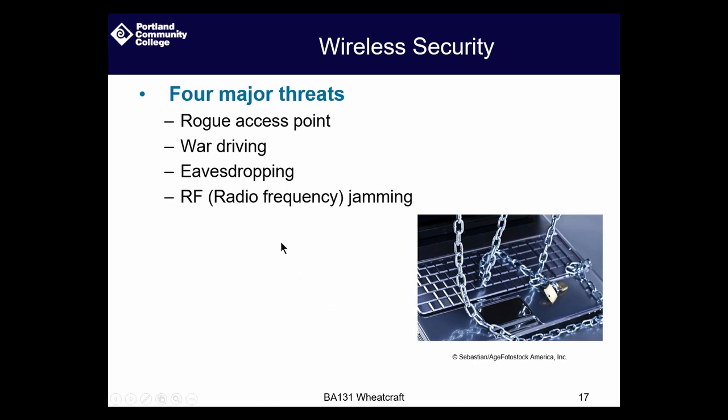War driving just refers to when you drive around a city and you've got a device that's listening, and so you're locating where all the different networks are, so that you can take action, like with the rogue access point or with the jamming. And eavesdropping is just what I already talked about with the rogue access point.